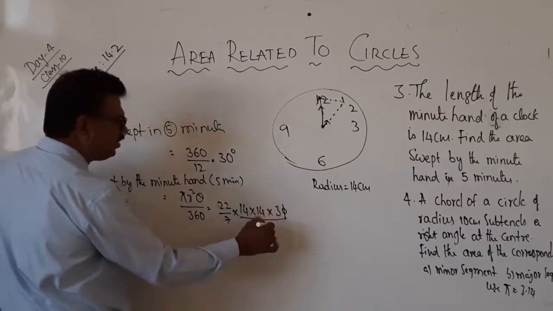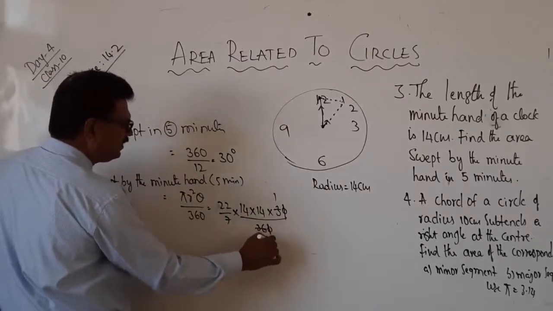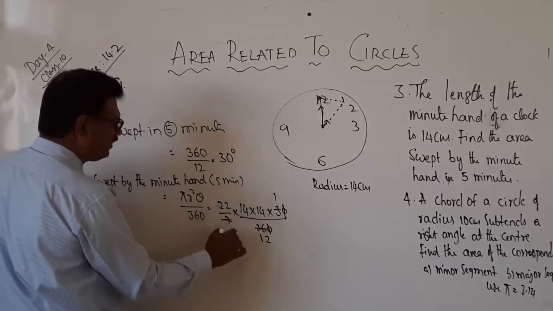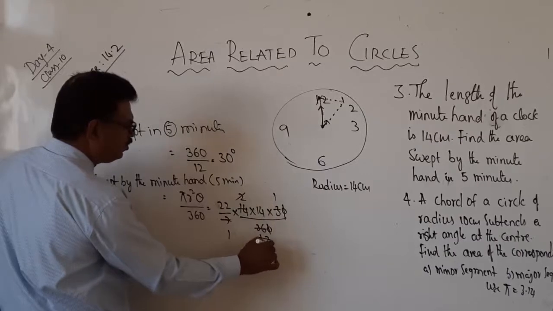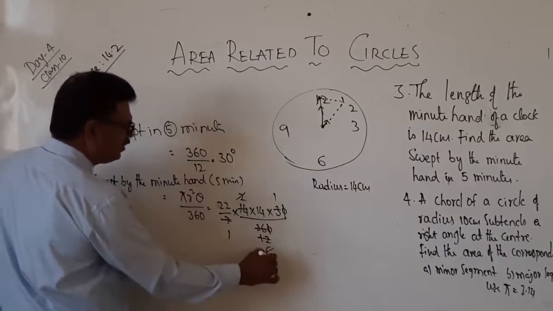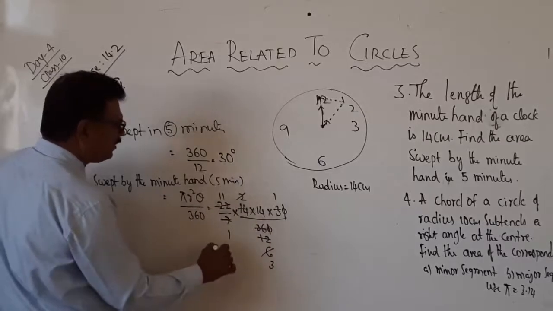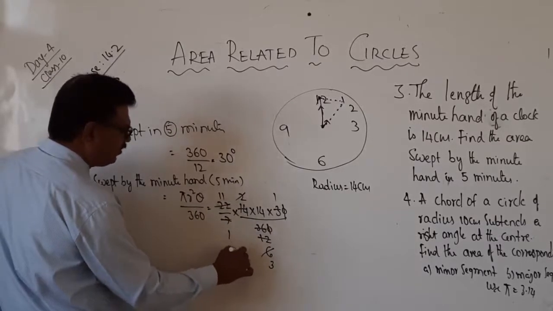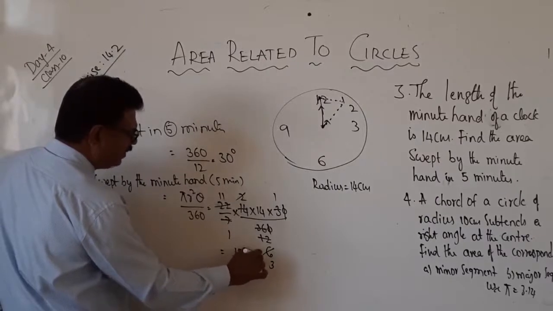Zeros cancel. 3 1s are 3, 3 12s are 36, 7 2s are 14, 2 1s are 2, 2 6s are 12, again 2 3s, 2 11s. Therefore, it is 154 by 3 centimeter square.